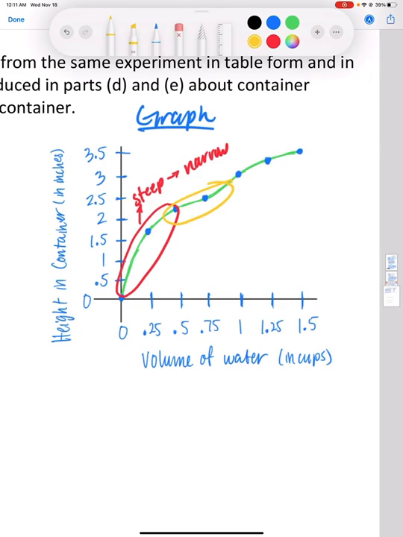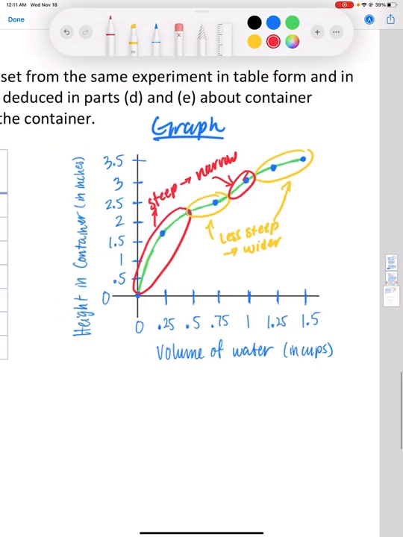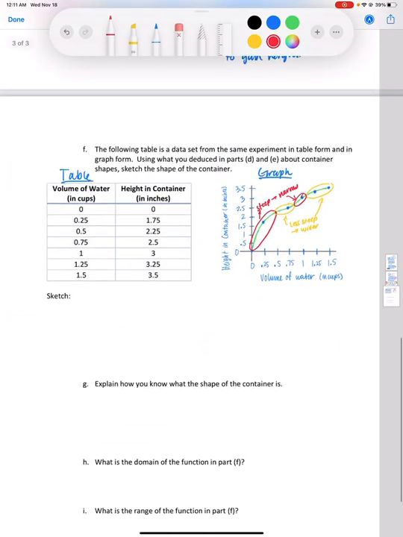Okay, so this is less steep. That means our jar is wider. Oops, that actually looks like it continues for a little bit of most of this here. Okay, so let's take right here. Let's do that right here. And it's a little bit steeper here where it's narrow, okay? So there's our analysis. Let's go ahead and try and draw this container.